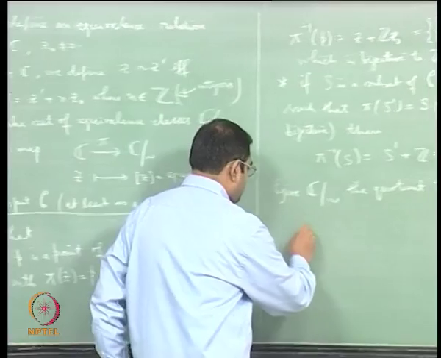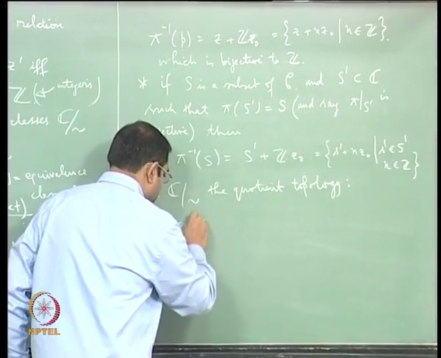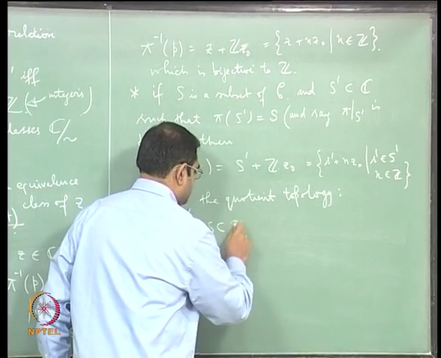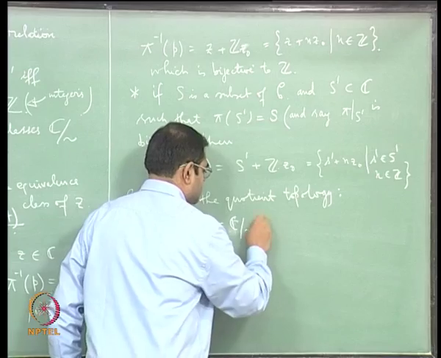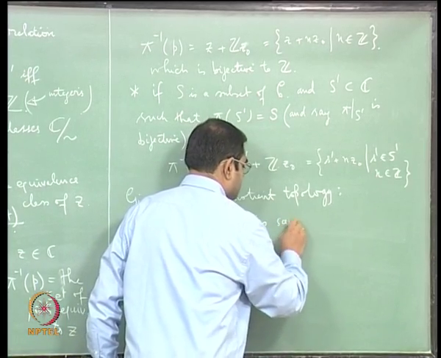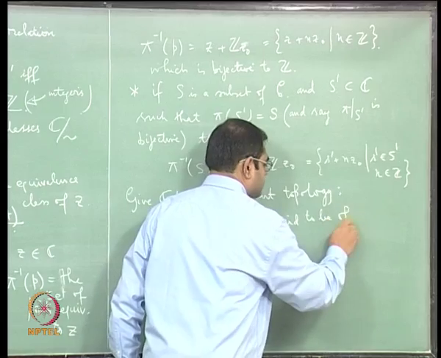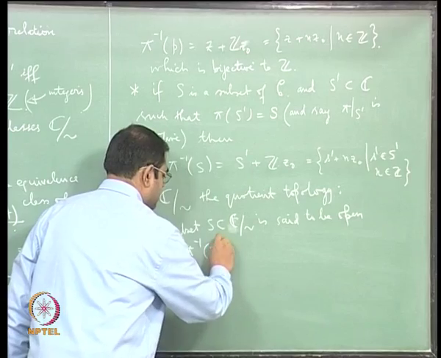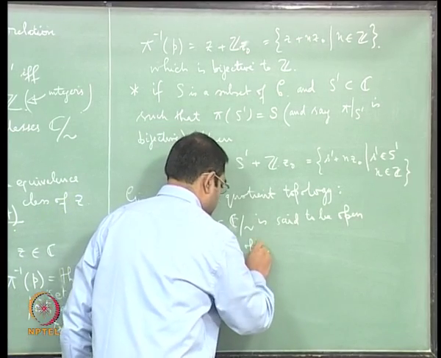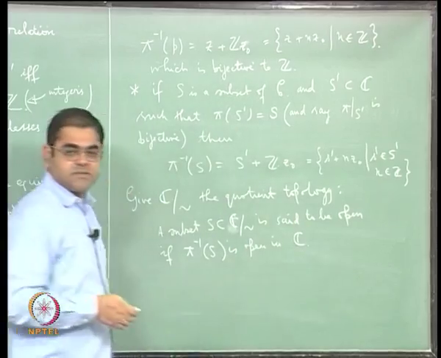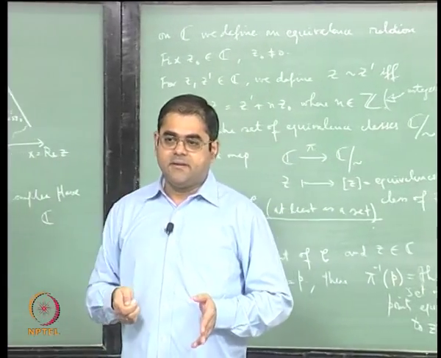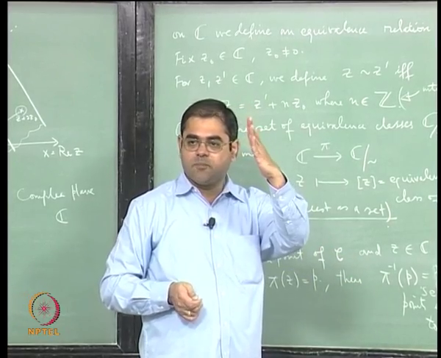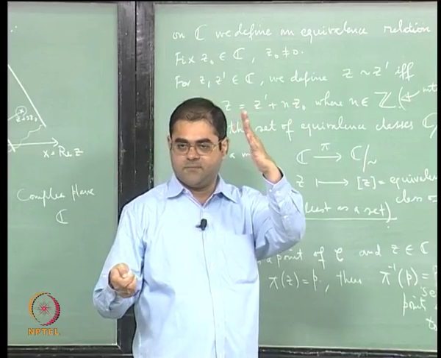So yes, a subset S is said to be open if pi inverse of S is open in C. So this is called the quotient topology, and this is a technique that can be used whenever you have a surjective map from a topological space to any set, okay.